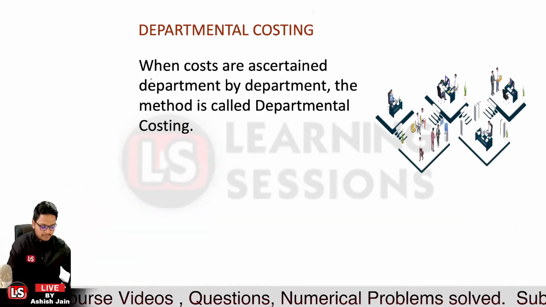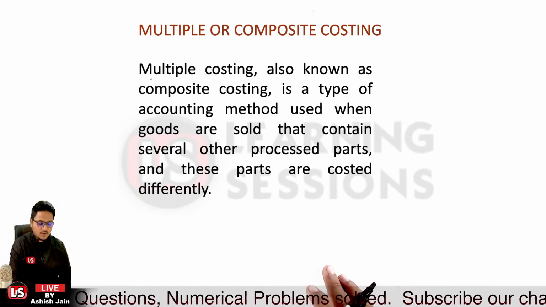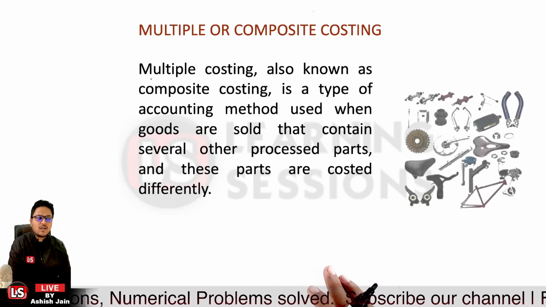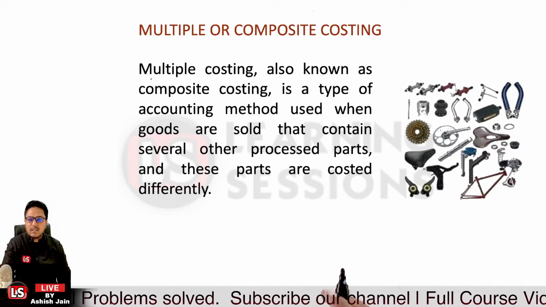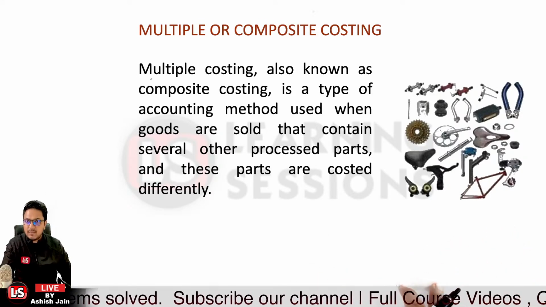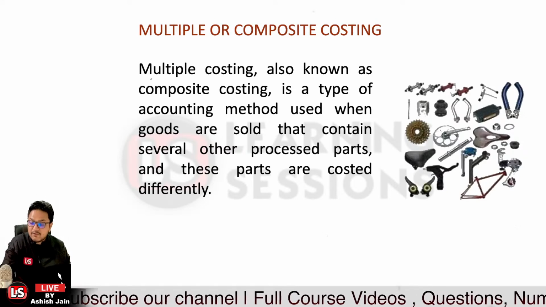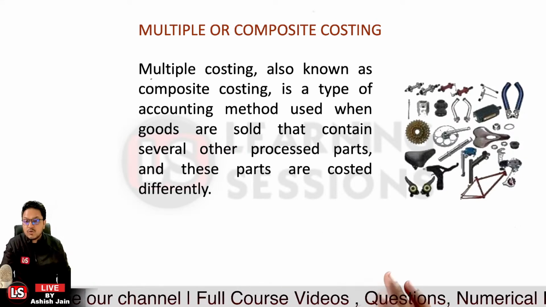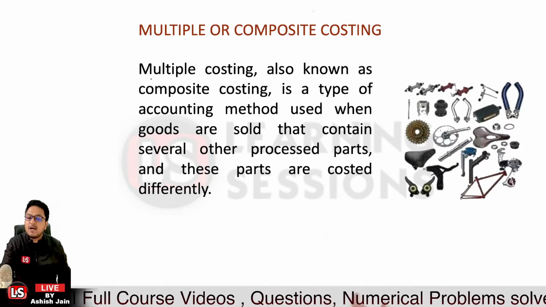Okay. Next, it's related to multiple or composite costing. Let's take the example of a bicycle. Suppose there are multiple parts or materials used in manufacturing a bicycle. It will not be the case that the company itself manufactures each and every part of the bicycle.